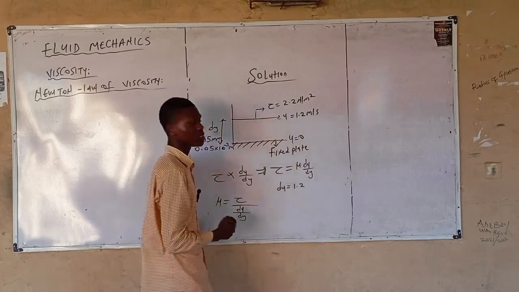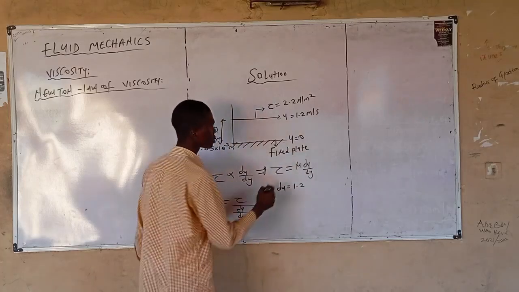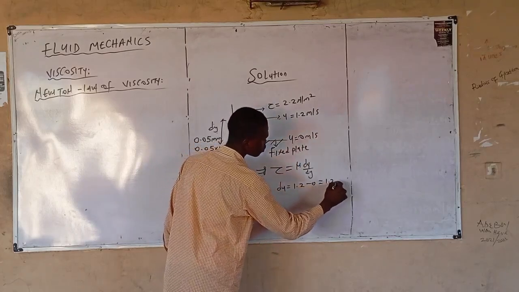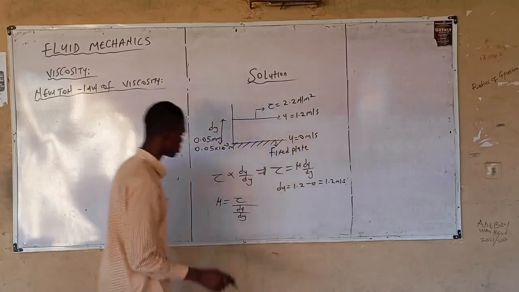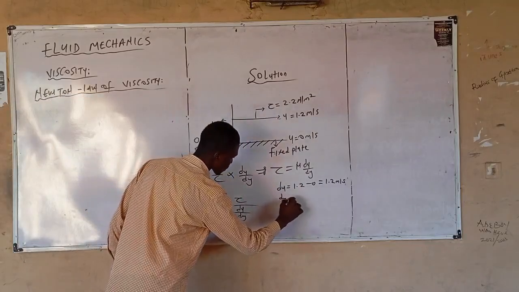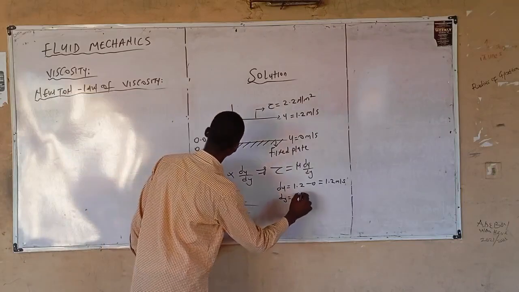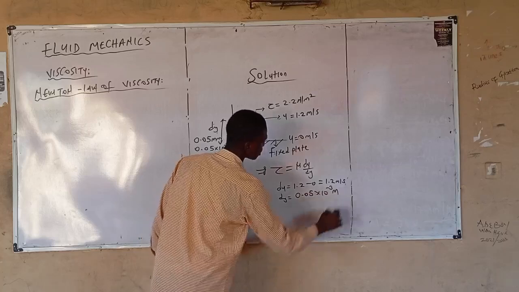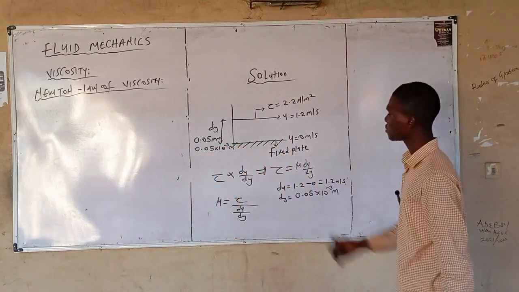The initial velocity, the plate started with 0 meter per second, right? So minus 0, then you have 1.2 meter per second as well. This is my du, then my dy in meter, I have 0.05 times 10 raised to the power minus 3 meter. Substitute the respective values.